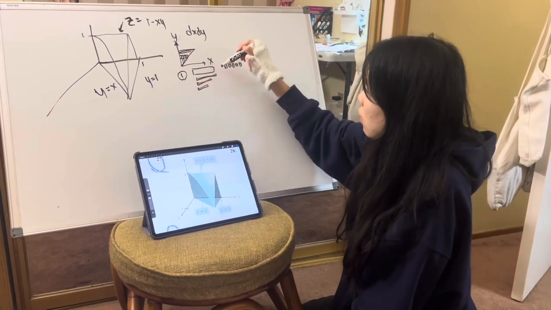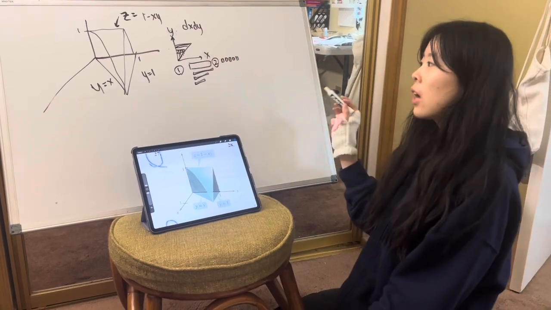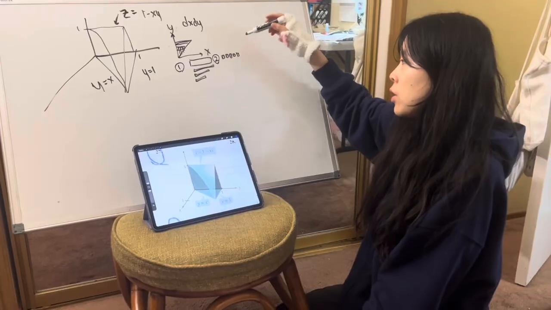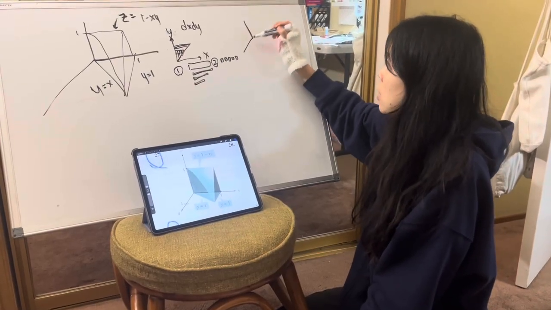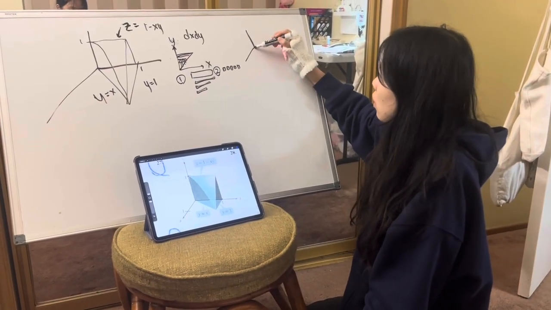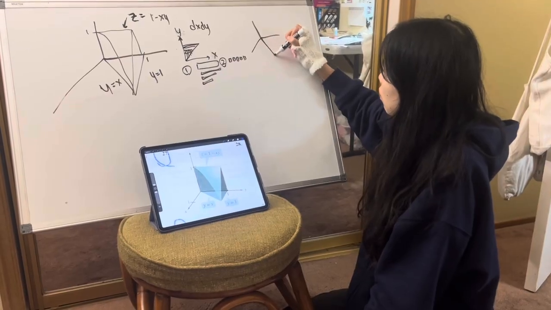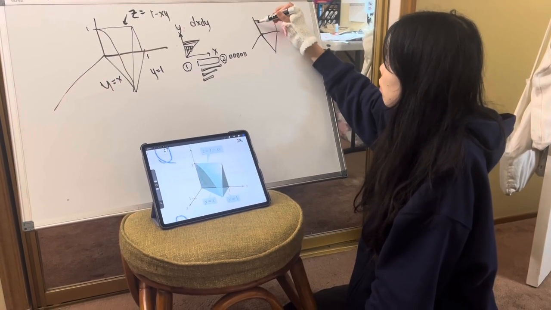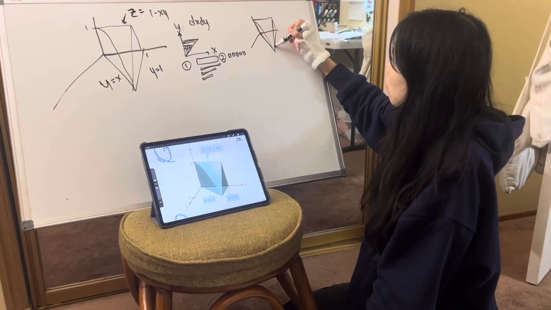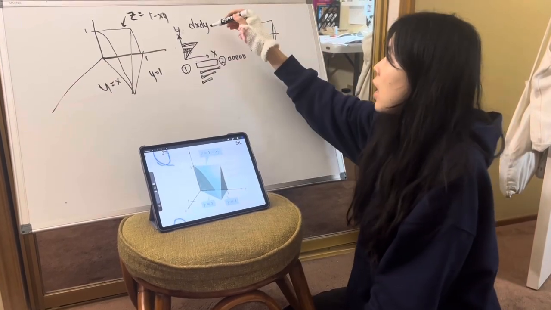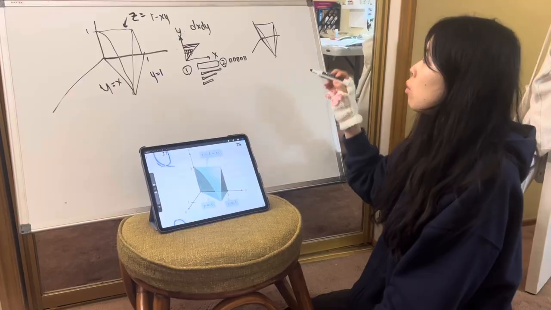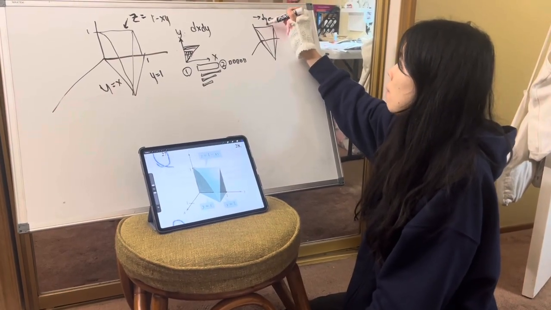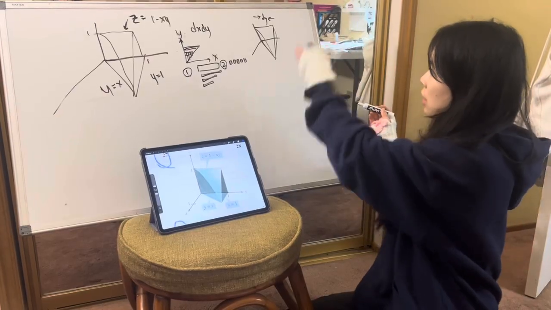And dy dx is the opposite. Now, if we want to look at how this looks on a 3D level, if it were dx dy, first we do dy, which is along this axis. So we take the slice like this.